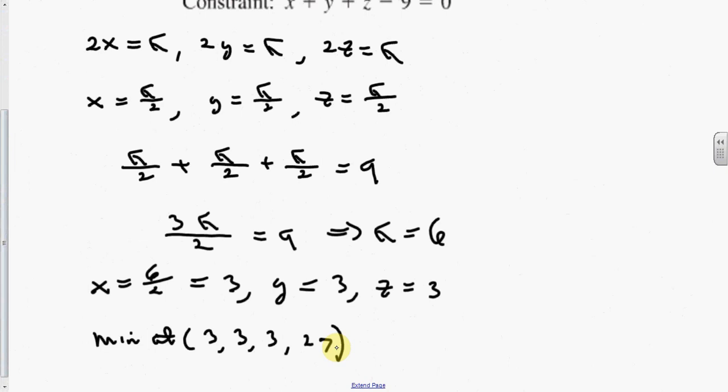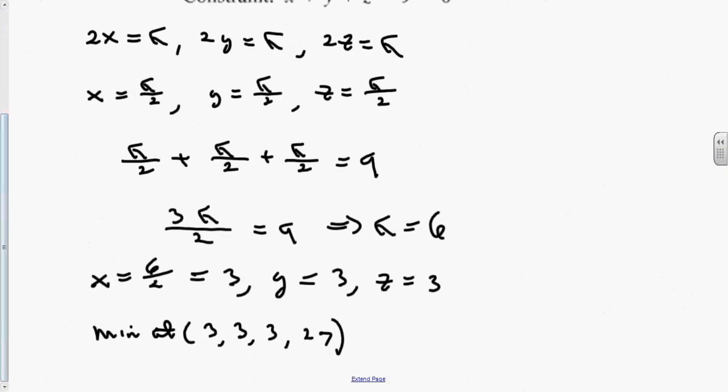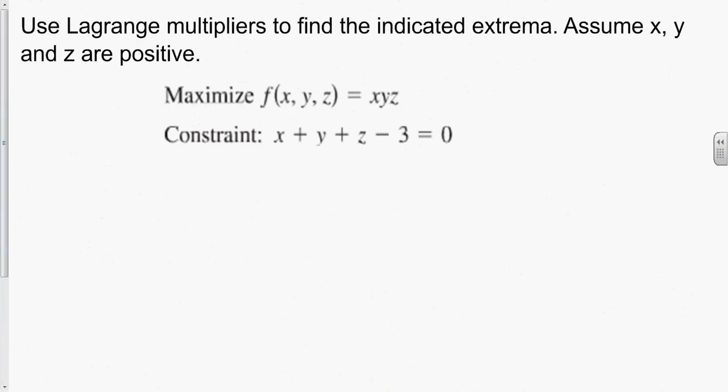Okay. Any questions there? All right. You work that one, and then we'll be done with this section and chapter.